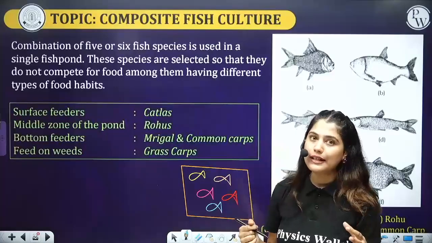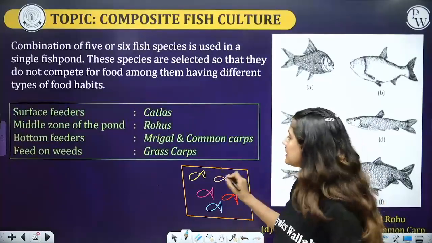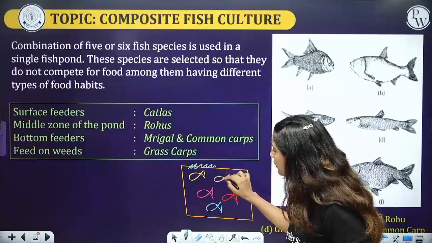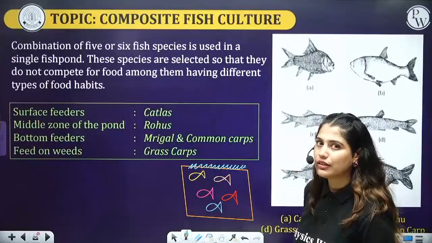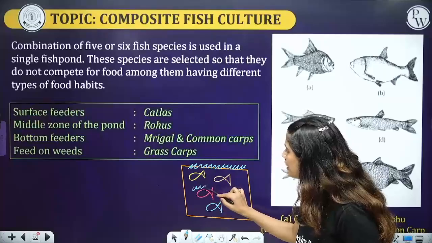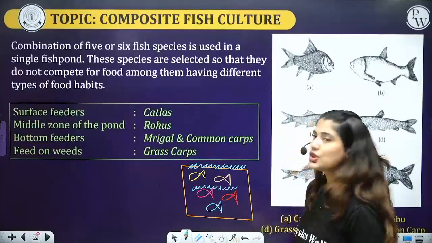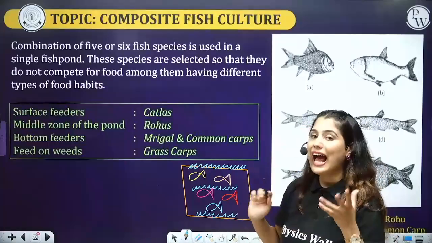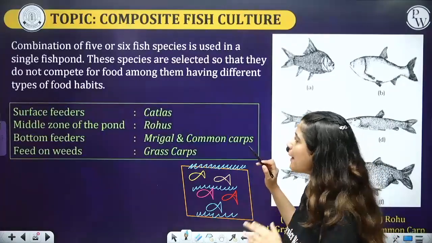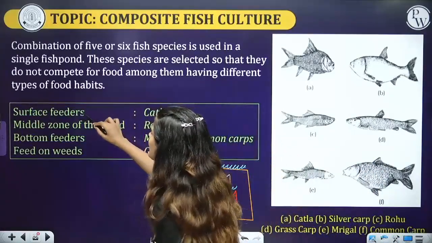So they have different habits. Some are going to consume the food present on the surface of the pond. Some are going to eat in the middle zone. Some are going to eat in the bottom zone. For example, we have taken catla fish, which is a surface feeder.